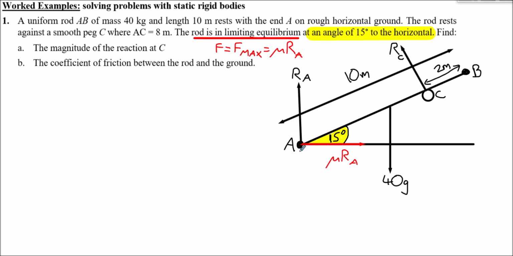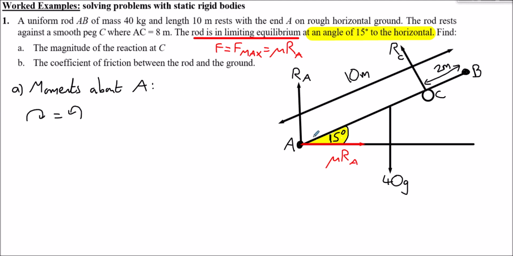So we can take moments about A, and if we did that, R_A and the friction becomes something we do not need to consider. So for part A, let's think about taking moments about A. Because it's in equilibrium, we know that the clockwise moments must equal the anti-clockwise moments.